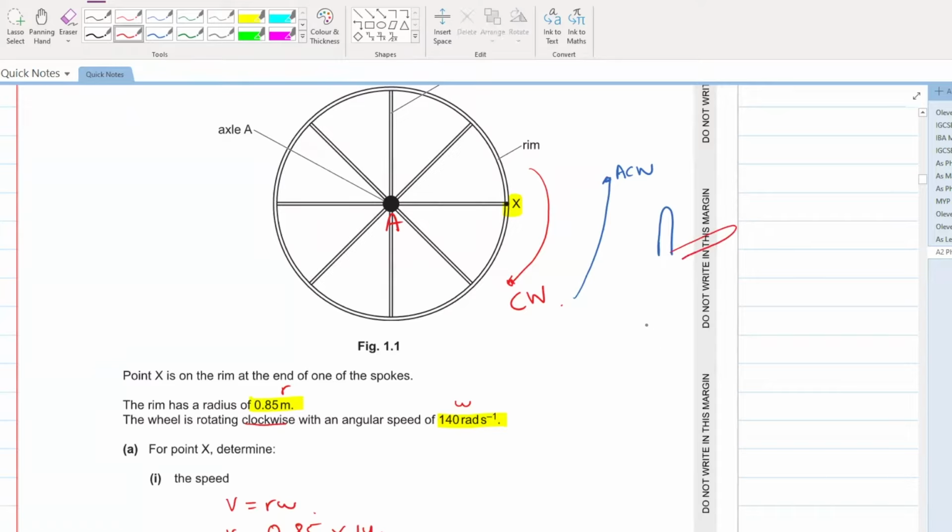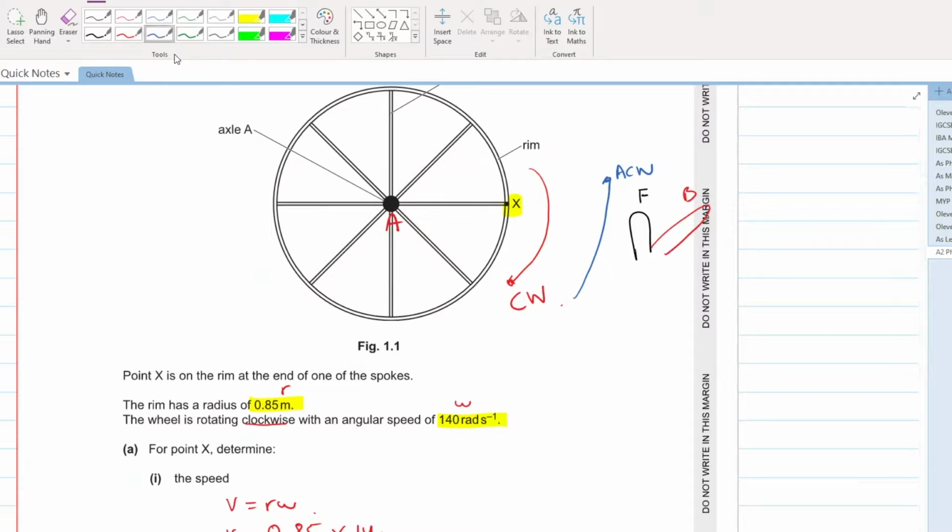Where will your second finger point? If you apply the rule here, your first finger, or you can say thumb, is in the direction of the force. Magnetic field is into the page.